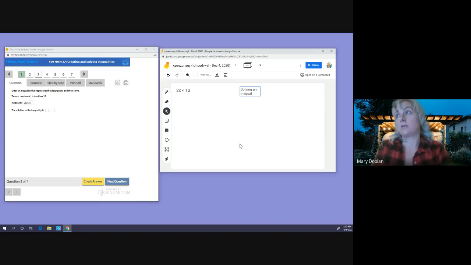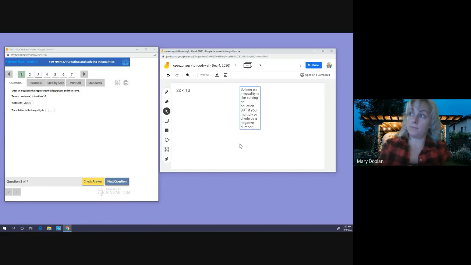I'm going to type that here. Inequality is like solving an equation, but if you multiply or divide by a negative number, then you must reverse your sign.